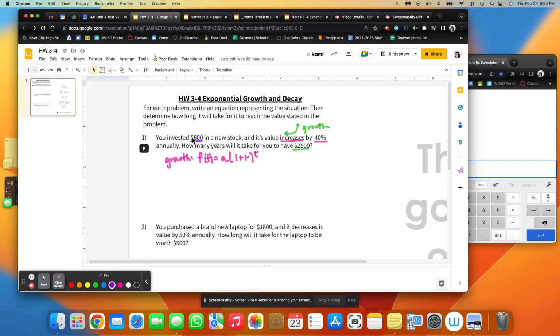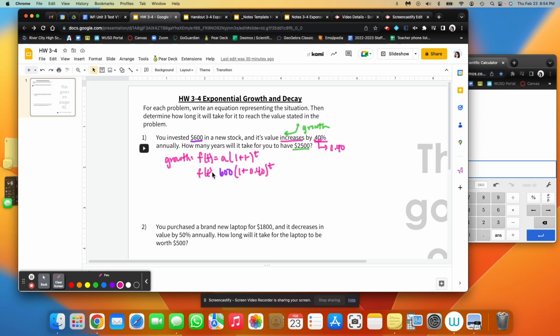So let's fill in what we know. We know that our initial amount is $600. Our rate, well, we need to write our rate as a decimal. So 40% as a decimal, we move it over 2 places, so 0.40. So it's going to be 1 plus 0.40 to the t power.